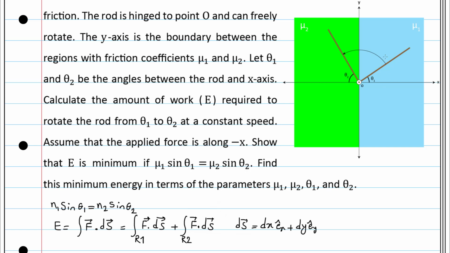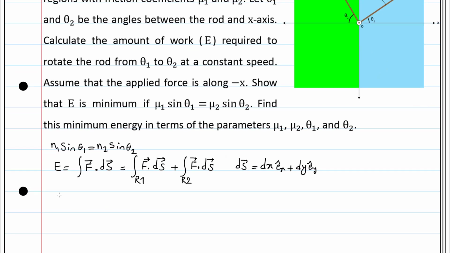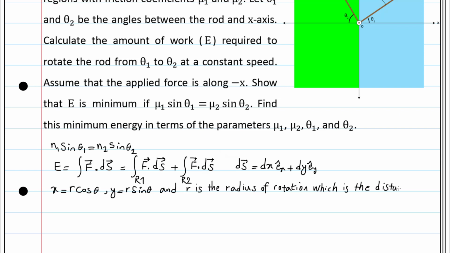Because of the rotational symmetry of our problem, it is better to work in polar coordinates. x is equal to r cosine theta and y is r sine theta, and r is the radius of rotation, which is the distance from O to the center of mass.